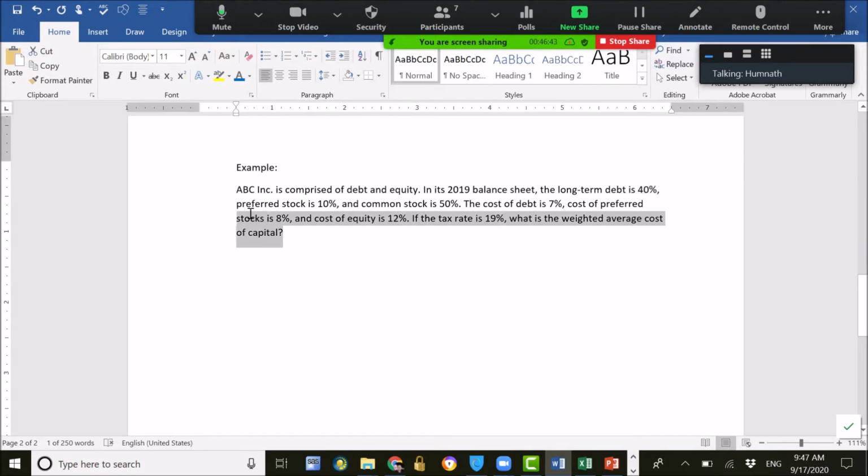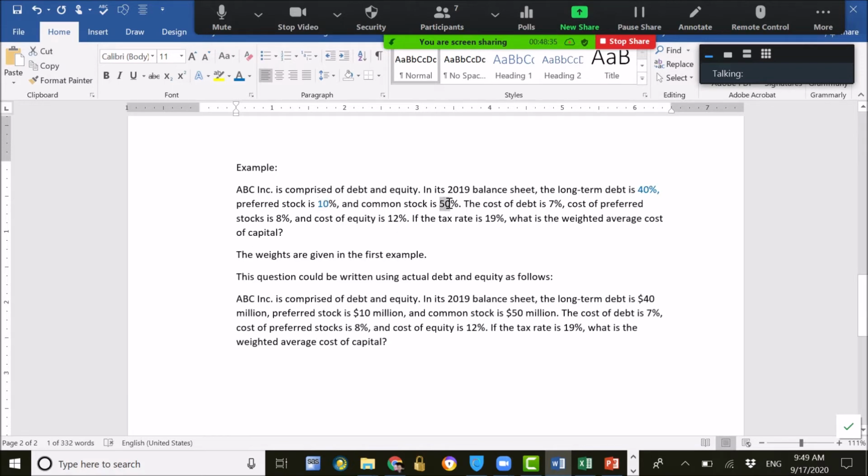What if, let's say this question could be rewritten. Okay, the weights are given here. In the second example, we need to calculate the weights.